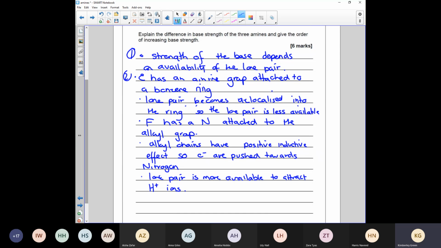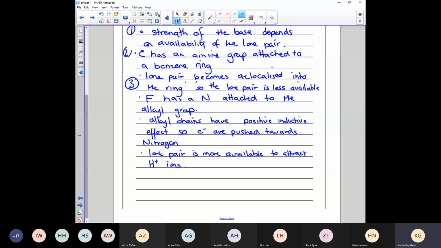Saying that it becomes less available, that's your mark 3. F next to an alkyl group, that's your mark 4. Alkyl chain has a positive inductive effect, so it is more available. You do have to say about the inductive effect, so that was your 5. Right, what was the last question then?